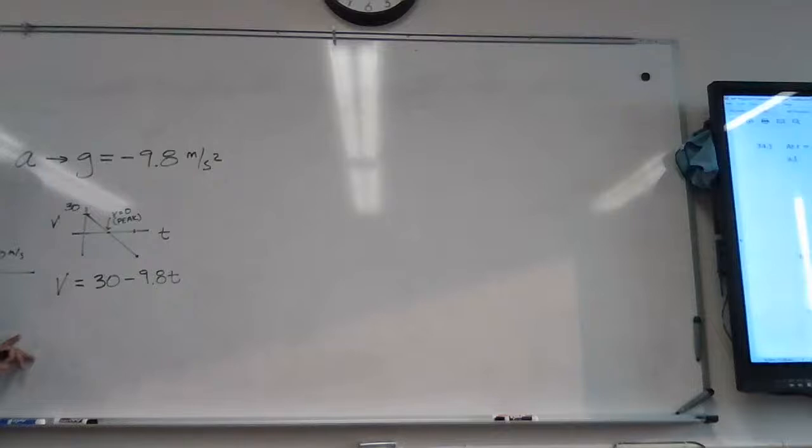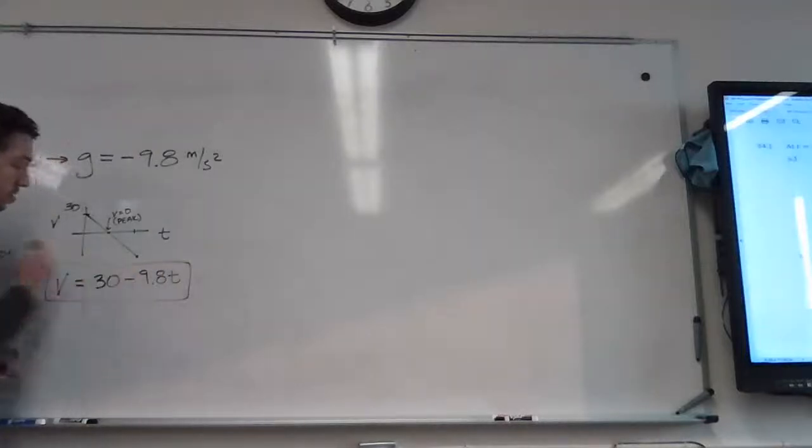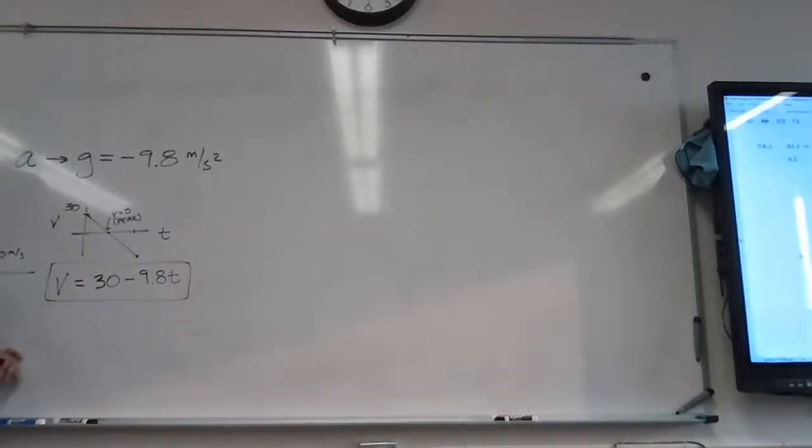Every second, he's going to be subtracting 9.8 from his velocity. So there's his velocity function. Okay. By the way, roughly, how long is it going to take for him to hit the peak? About 3 seconds. 3 and change, maybe 3.1, 3.2.